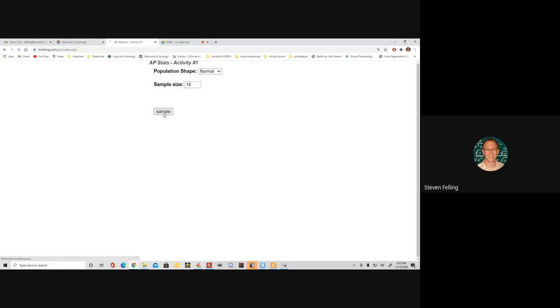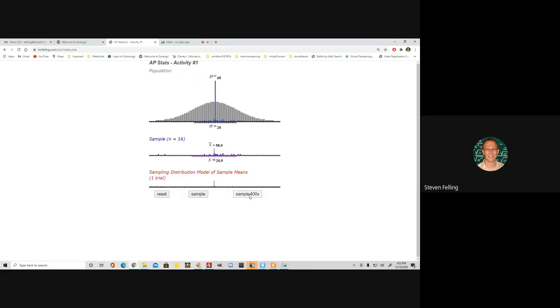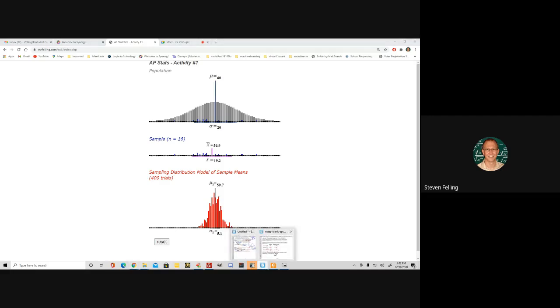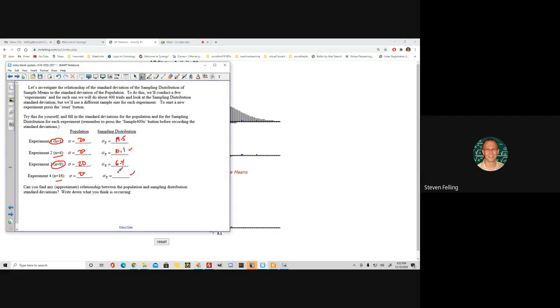I'll take a sample there, and then I'll take 400 of them so I can see what the sampling distribution model looks like. I got 5.1. Let me round these numbers a little bit. This number is about 20. This number is about 10. This number is about 6. And this number is about 5.